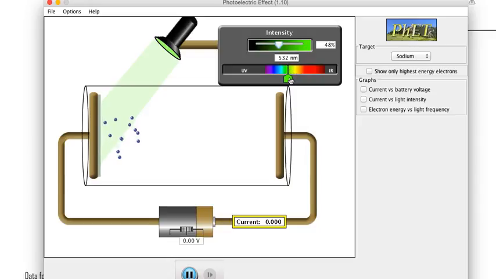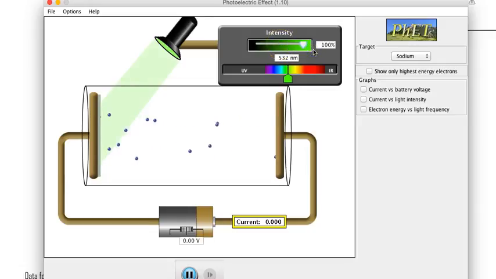So I'm pretty close to the threshold. Theoretically, if I match the threshold, electrons would be ejected but not go anywhere. But they would definitely go somewhere, because in space there's always some kind of potential difference. Now you say, my gosh, they're going pretty slow. Classical physics states, well, all you have to do is make this brighter, and they'll go faster.